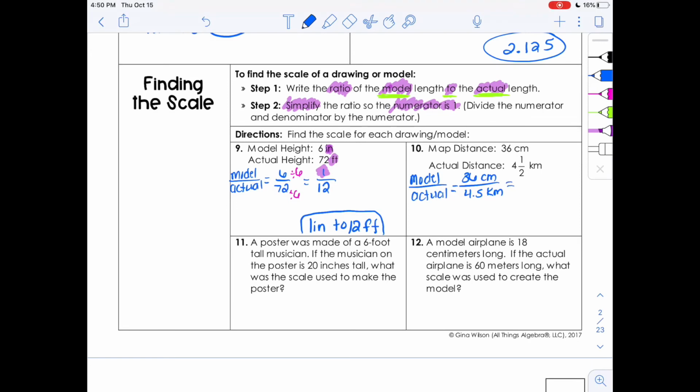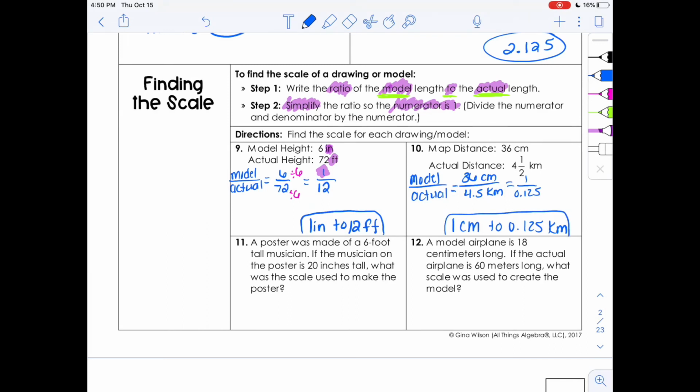And this one isn't quite as easy to simplify down because you have that decimal or that fraction in the bottom. But it can simplify all the way down to 1 over 0.125, which would give us a scale of 1 centimeter to 0.125 kilometers.